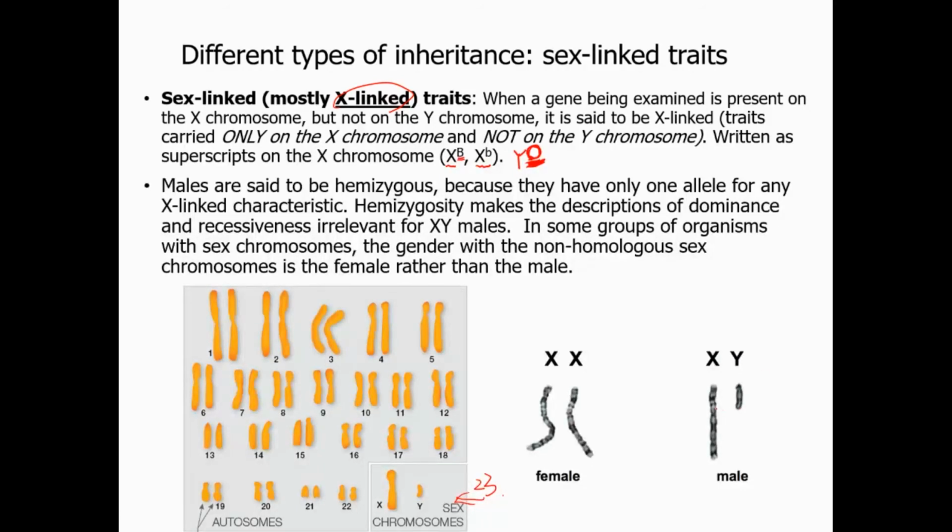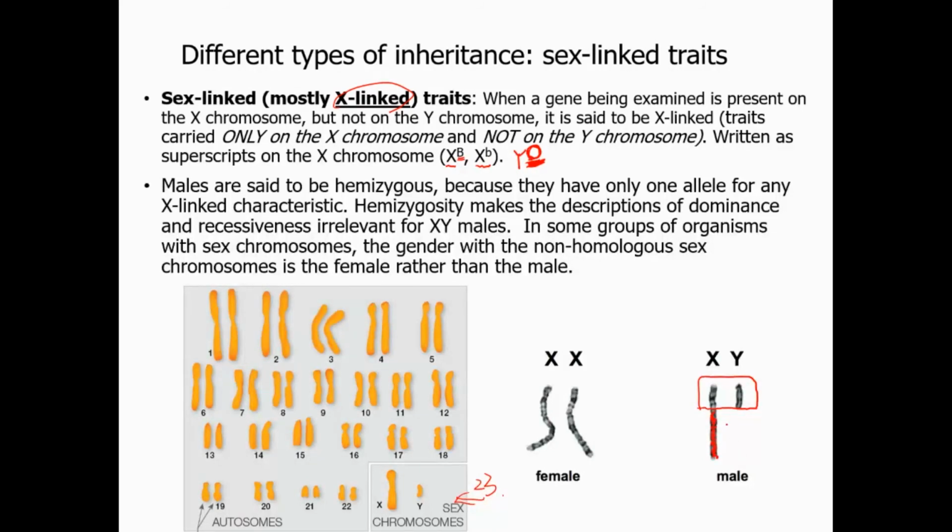Now, you probably noticed that the X chromosome is a lot longer than the Y chromosome, correct? Okay. Now, we mentioned that sometimes a chromosome may carry over 1,000 genes. So if you think about it, there's going to be a lot of genes on the X chromosome that are not going to be on Y, because Y is really short.